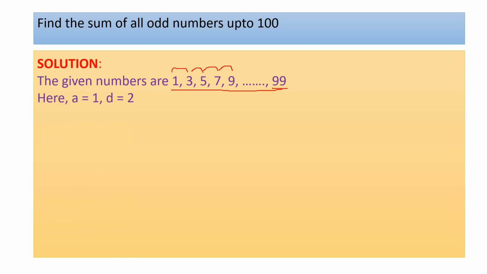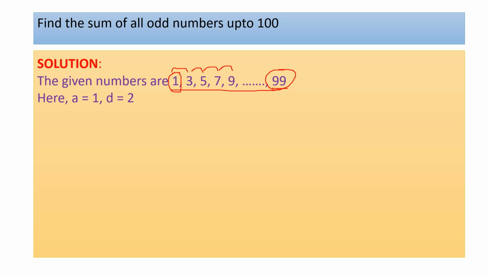We know the formula for finding the sum of the numbers in the AP. From the sequence we know the first term and the last term. So we are using the equation n by 2 into first term plus last term. In that equation we don't know the value of n.